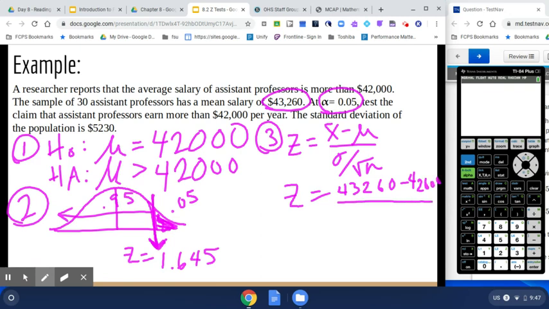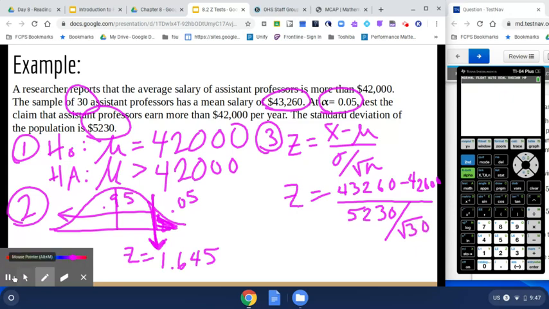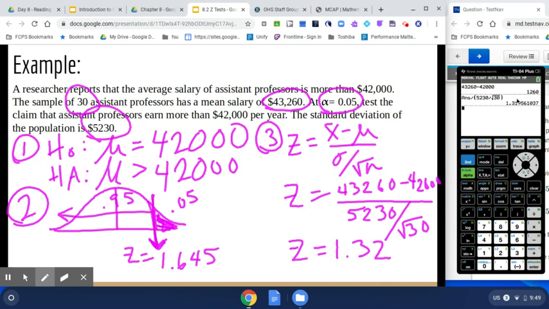We're dividing that by the standard deviation, which was given in the prompt as 5,230, and dividing it by the square root of the sample size, which again was given as 30 in the prompt. Okay, we're going to go ahead and calculate this z value. Okay, I plugged those values into the calculator over here on the right, and I got a z value. I rounded that to 2 decimal places, 1.32.